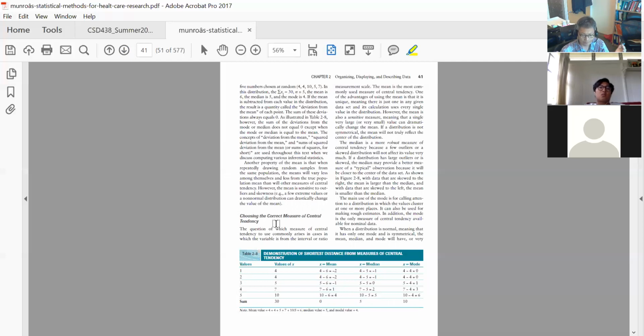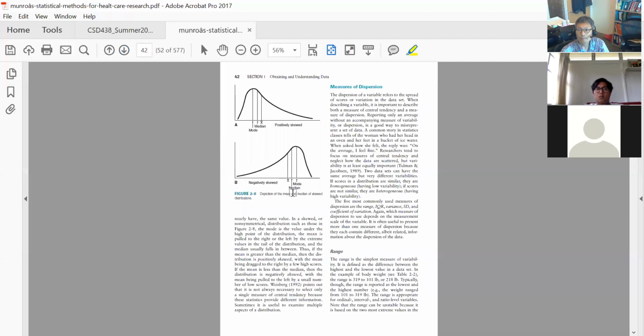So we usually have the mode, median, and average in this order. The mode is leftmost because it's the highest peak. The median is the center value, slightly greater than the mode, but the average is highly affected by the large values at the right side of the skewed data.